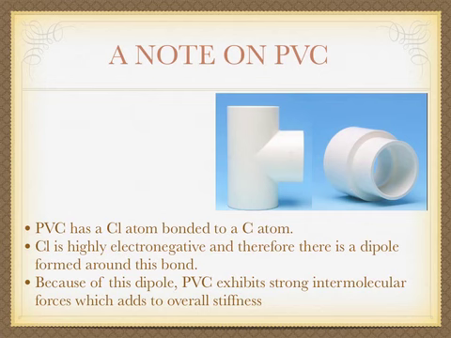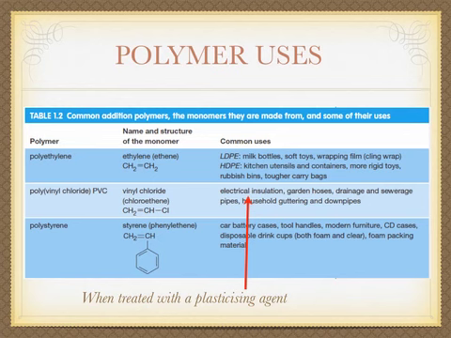Due to the geometry of this dipole, it's not sufficient to allow a polar solvent like water to dissolve it, so it's still insoluble, but as an intermolecular force, you not only have dispersion forces present and chain stiffening, but you've got dipole-dipole forces present within the molecule, which makes the overall polymer incredibly tough, strong, rigid, and resistant to attack.